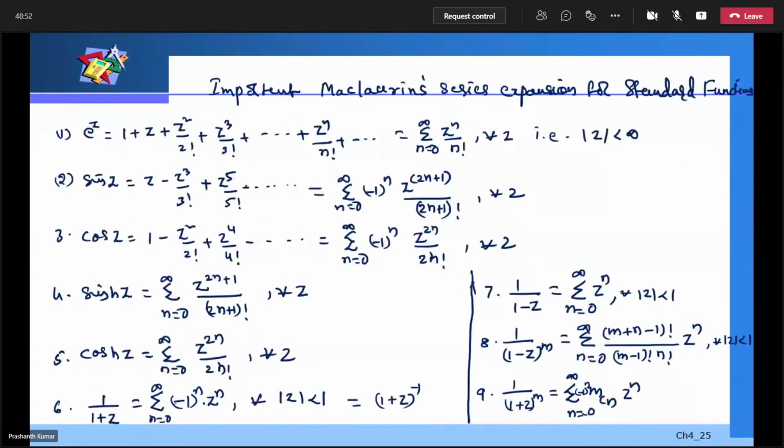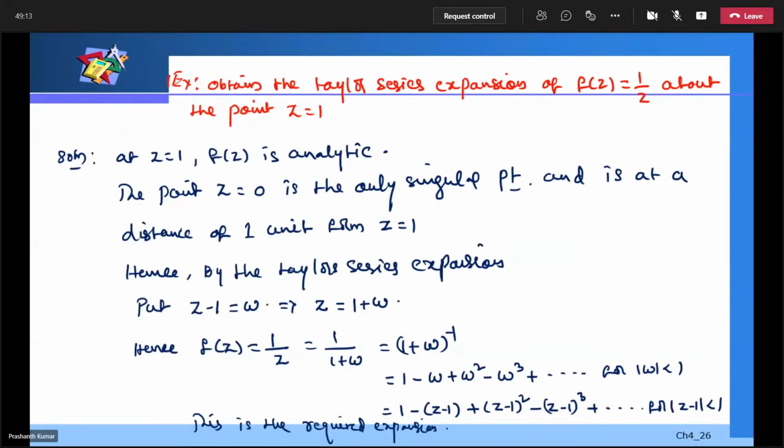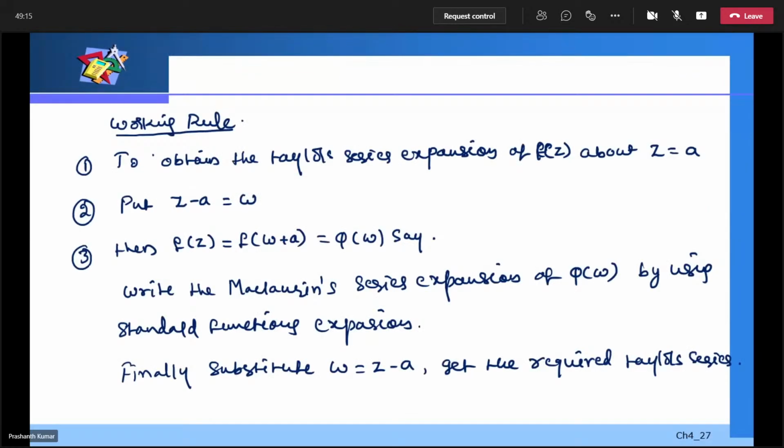These are the standard functions, the Maclaurin series expansions for standard functions. The previous problem was 1 minus z all to the power of minus 1. Finally you substitute w is equal to z minus a, here z minus 1, and you get the required Taylor series expansion. So this is the working rule.